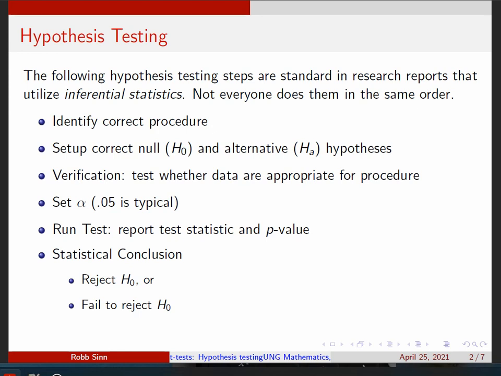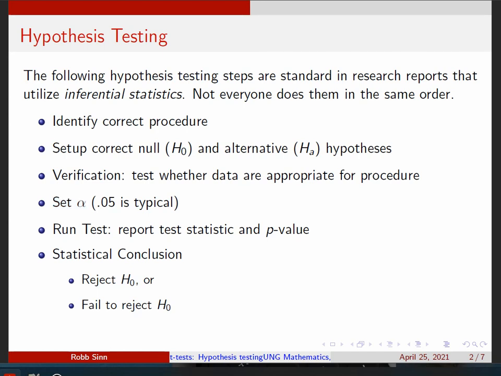By the way, there are lots of alphas, but they're all small. About the biggest alpha you'll see in most cases is alpha equals 0.1. You will see them smaller, 0.25, 0.001, 0.025.